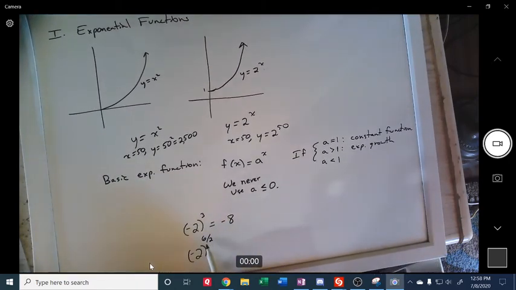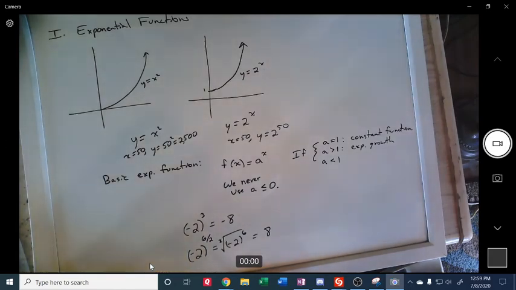And 6 divided by 2 is 3. But you see, both of these are even numbers. And so if you write it like this, you could be rewriting it as negative 2 to the 6th, and then you're taking the square root of that. And then you'd wind up getting positive 8. So it's not even clear whether the answer is going to be negative or positive. It depends on how you rewrite your fractions or your odd numbers and all that stuff.